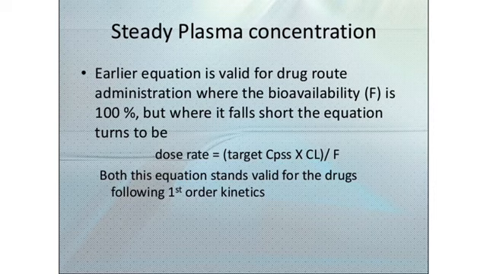Both equations stand valid for drugs following first-order kinetics. Again, pag 100% bioavailability, the formula is CPSS equals dose rate divided by clearance, kasi it is already understood here that the bioavailability is 100%, so you don't need the value of bioavailability anymore.